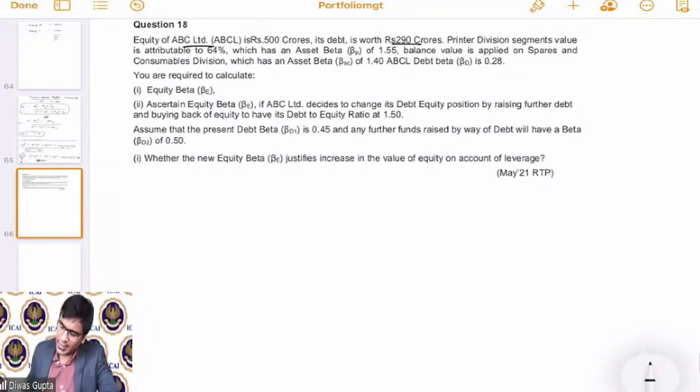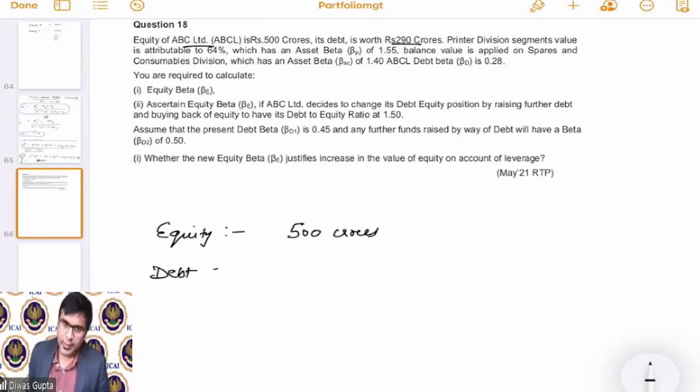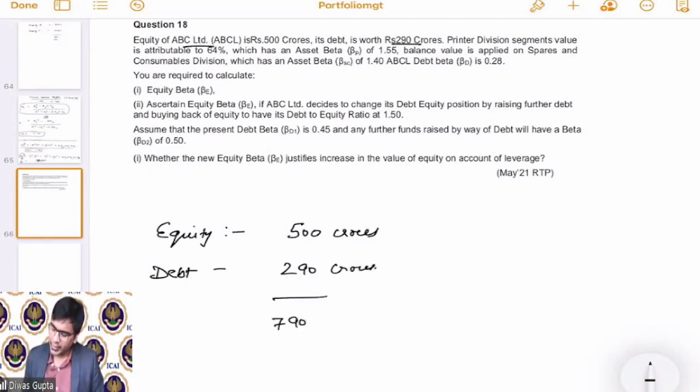So let us try to first see the information that is given. Equity is given as how much? 500 crores. And debt is given as 290 crores. So the total is how much? 790 crores.